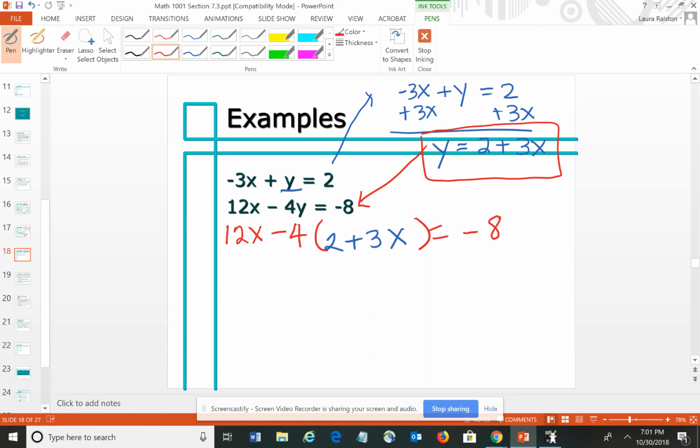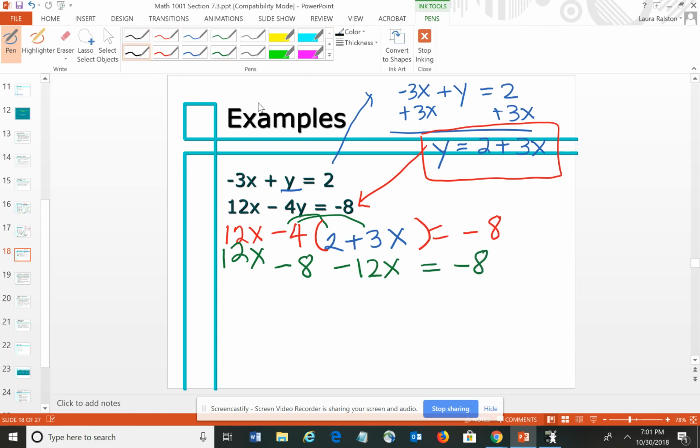And again, we do the algebra. We're going to distribute. We have 12x minus 4 times 2 is -8. Minus 4 times 3x is minus 12x, and that equals -8.